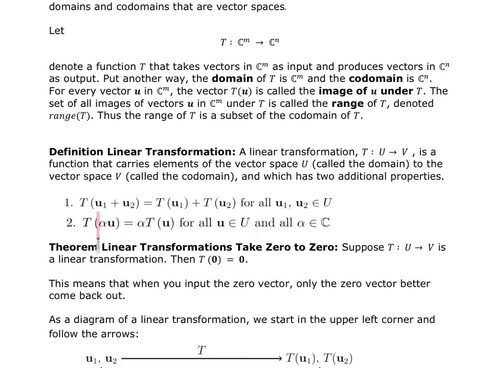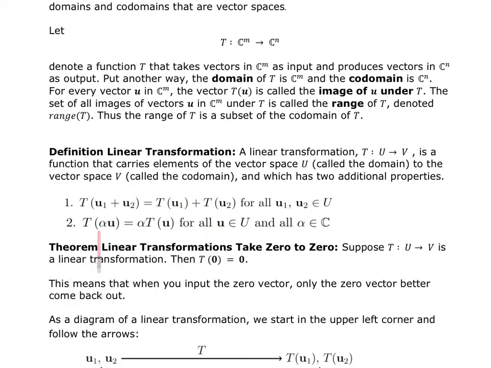First, we have closure for addition: I can either first add the two vectors in u and then do the transformation, or I can do the transformation individually, and it'll end up the same. These u1 and u2 are from u, and the transformations Tu1 and Tu2 will end up in the codomain.